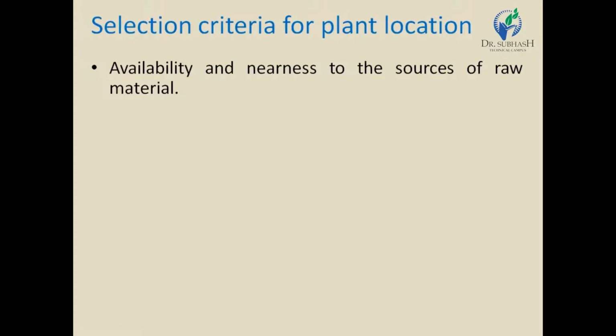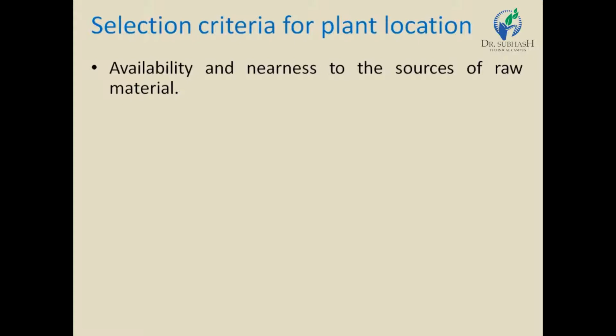Next point of discussion is selection criteria for plant location. What are the criteria that one must keep in mind while selecting a location for a plant? The first point that one must keep in mind is availability and nearness to the sources of raw materials.